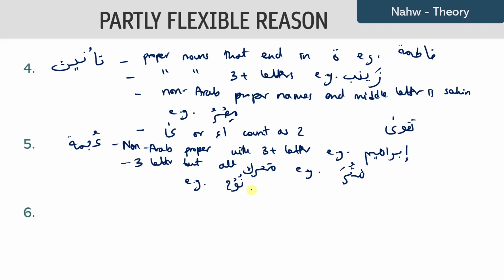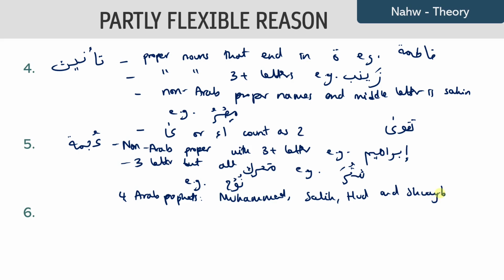And in fact, there are only 4 Arab prophets in the Quran, and I'm going to write it here. 4 Arab prophets. These are Prophet Muhammad, Salih, Hud, and Shu'aib, peace be upon them.